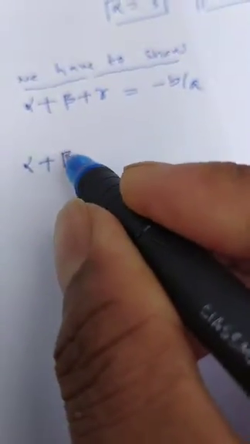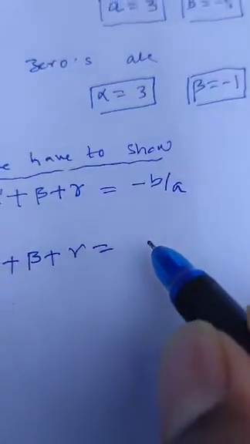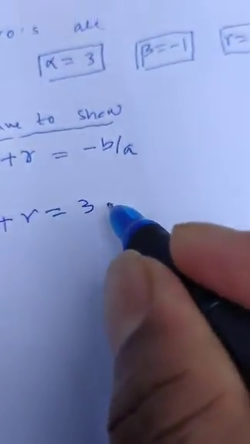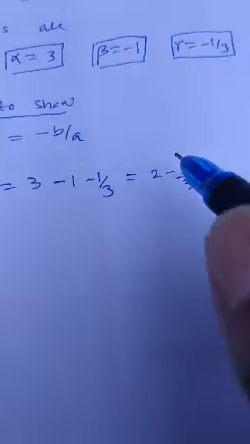So I am taking the LHS, alpha plus beta plus gamma. Alpha is 3, beta is minus 1, and gamma is minus 1 by 3. Now simplify: 3 minus 1 is 2, 2 minus 1 by 3. Taking the LCM, 3, we get 6 minus 1, 5 by 3. LHS is 5 by 3.